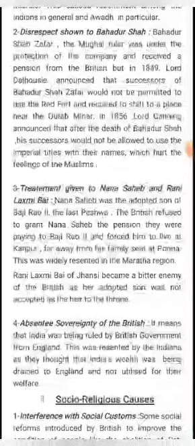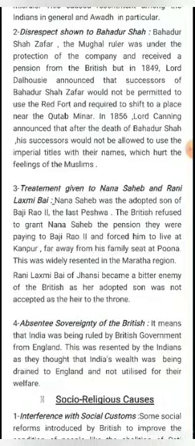And the third point is the treatment given to Nana Sahib and Rani Lakshmibai. Nana Sahib was the adopted son of Bajirao II, the last Peshwa. The British refused to grant Nana Sahib the pension they were paying to Bajirao II because Nana Sahib was the adopted son, and he also suffered from the doctrine of lapse.